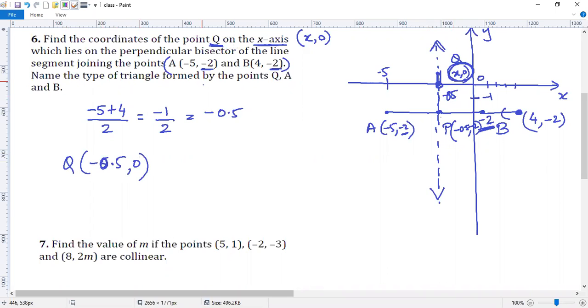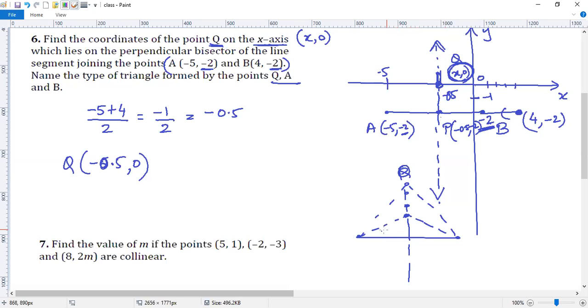So we have identified which type of point it is, and now name the type of triangle formed by points Q, A and B. See, AB is a straight line, and point Q is lying on its perpendicular bisector. Then obviously, whenever you join the point on the perpendicular bisector with A or B, for sure AP will be equal to PB, correct?